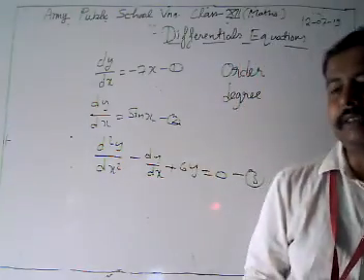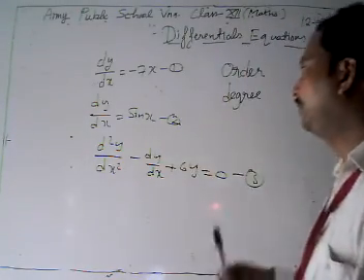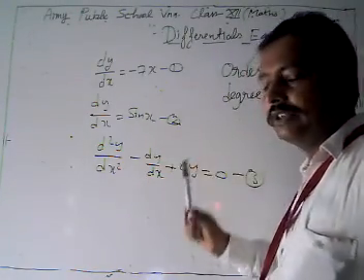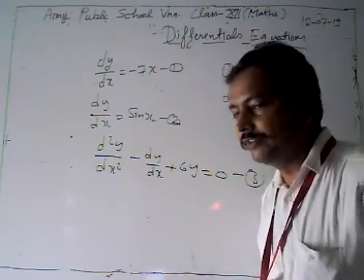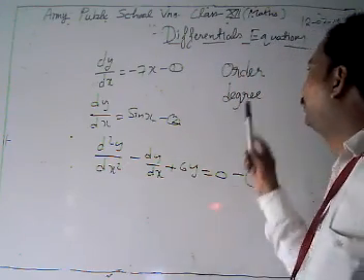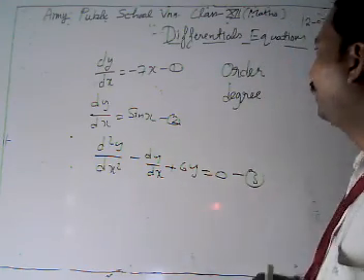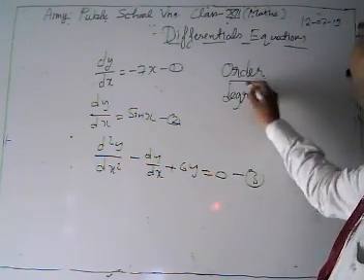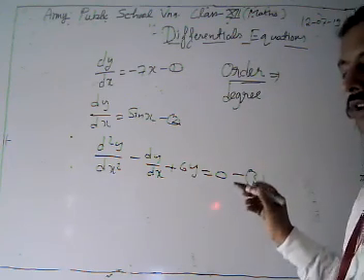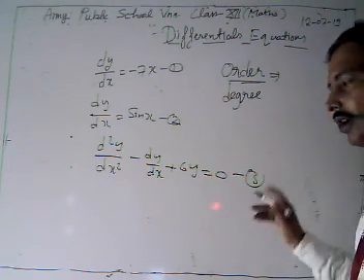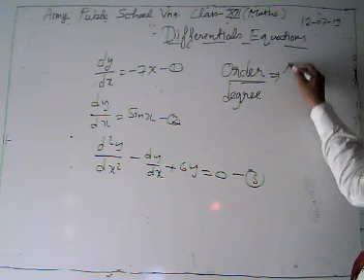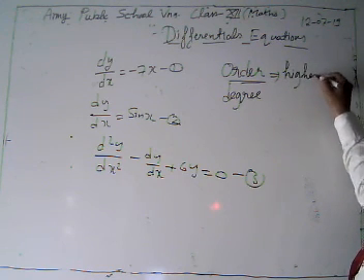Now we are aware of what a differential equation is. Now our first problem: what is the order and degree of a differential equation? How can we find the order? To find the order of a differential equation, we have to check the highest derivative.